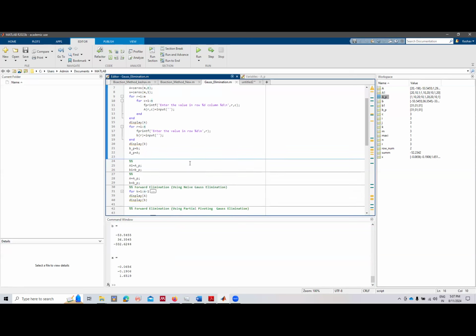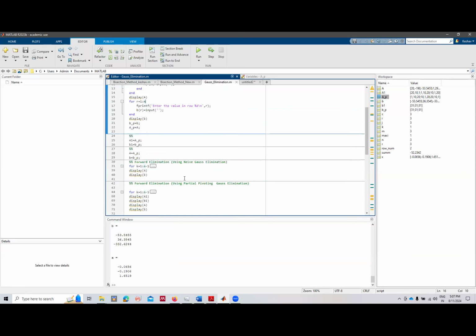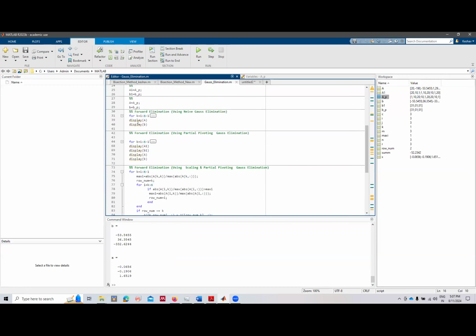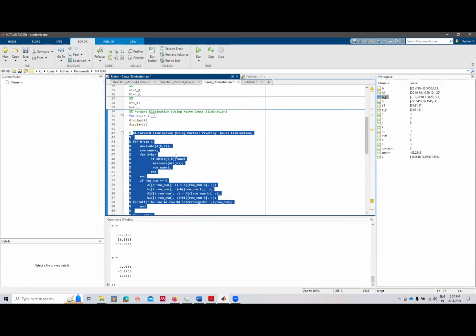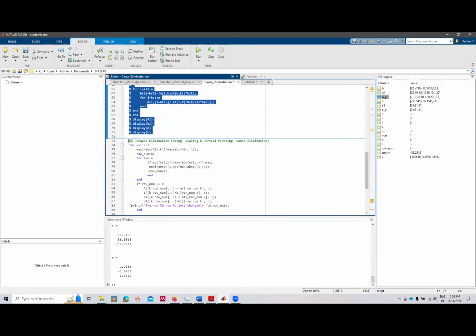Maybe I need to do some changes here. Suppose I want to use the naive Gauss elimination. Simply I will comment this, and this also I will comment.